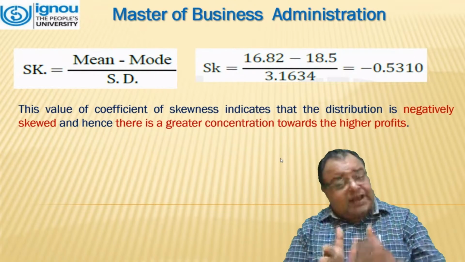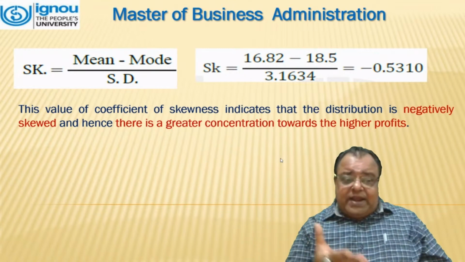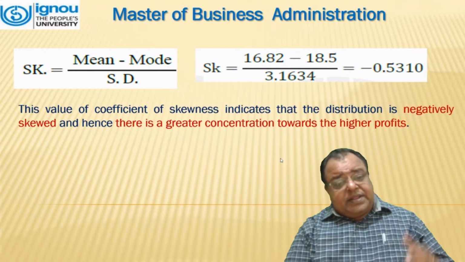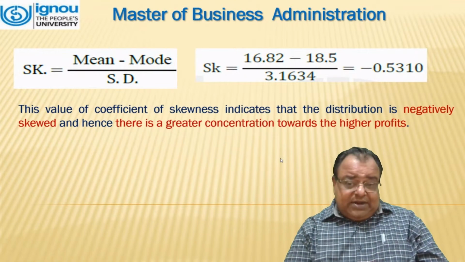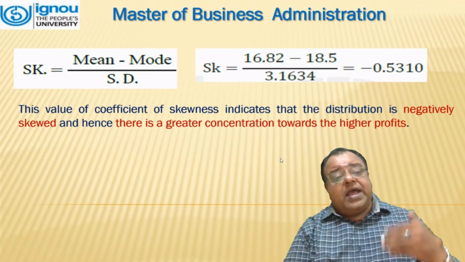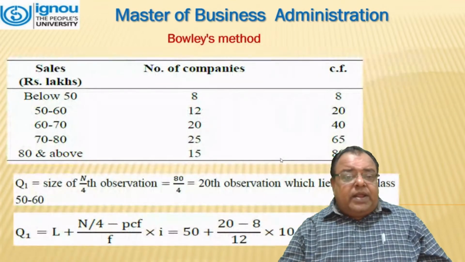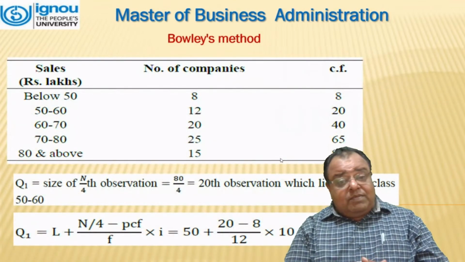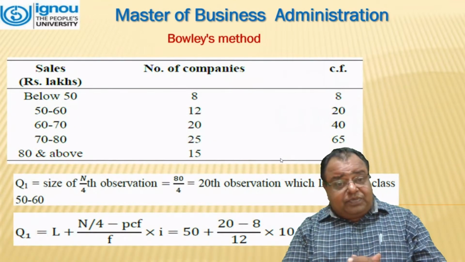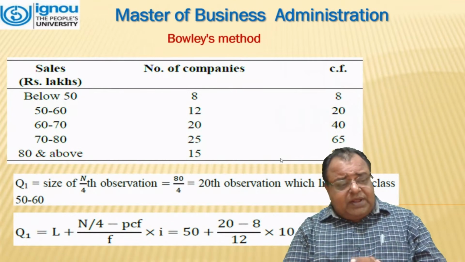As the negative sign is there, mode is greater, so it is negatively skewed. And there is a greater concentration towards the higher profits. Now, for calculating Bowley's skewness coefficient.